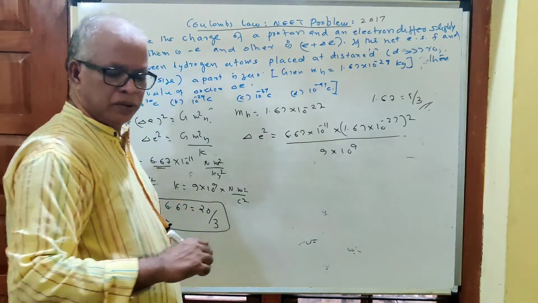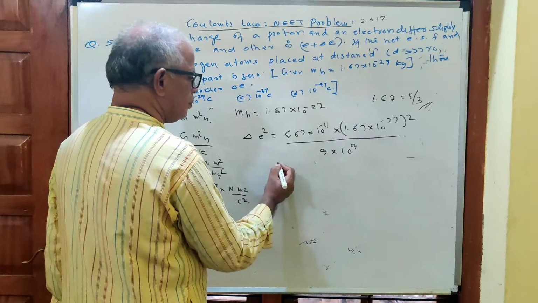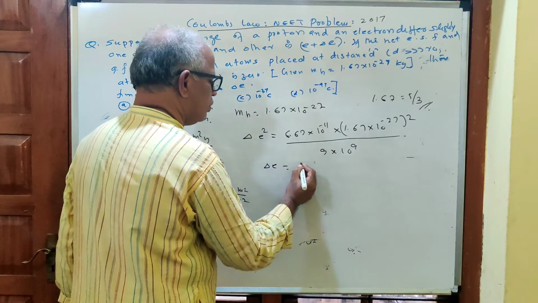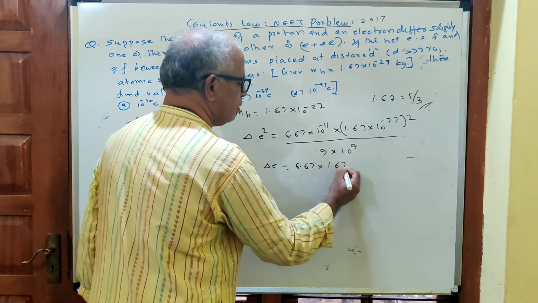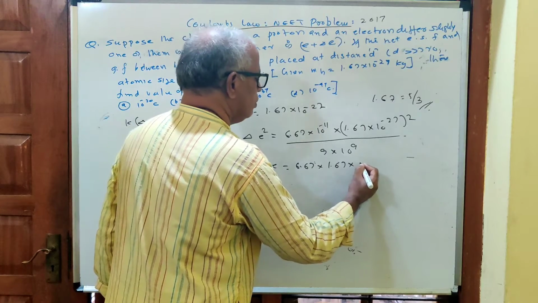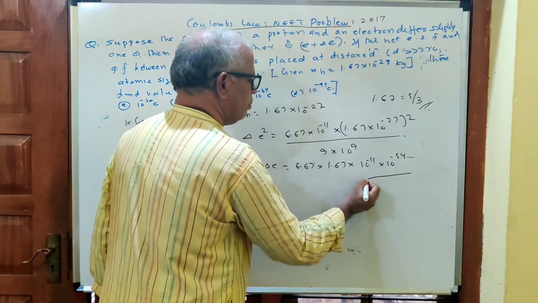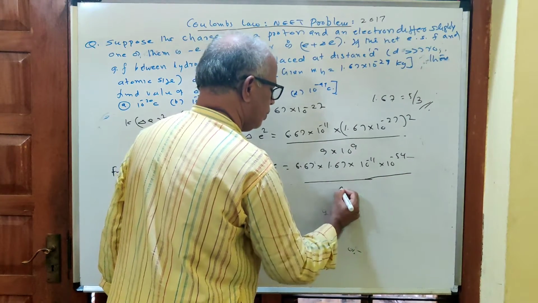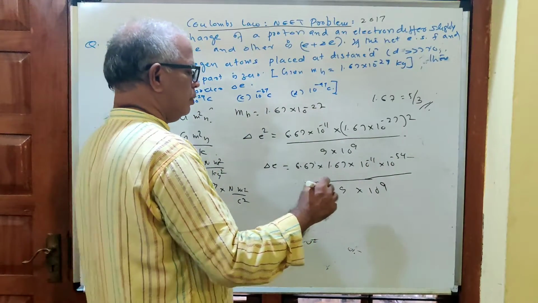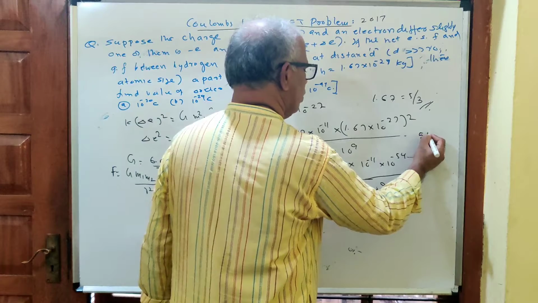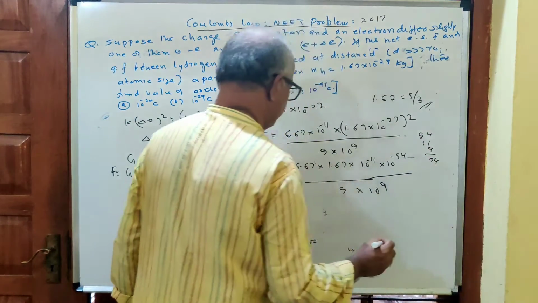I hope you followed it. Then we can simplify the values. Delta e square is equal to 6.67 into 1.67 square into 10 raised to minus 11, 10 raised to minus 54, divided by 9 into 10 to the power 9. Let's write the order: 54 plus 11 plus 9, 74 you get.